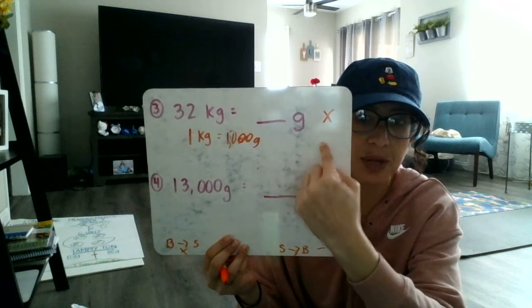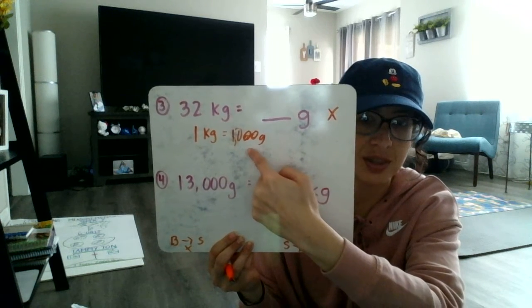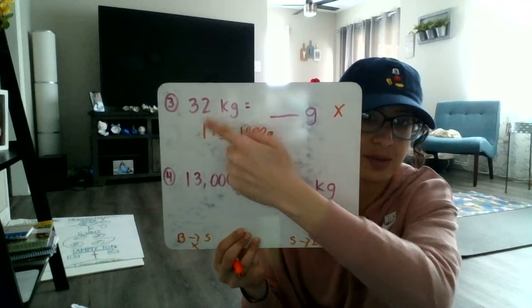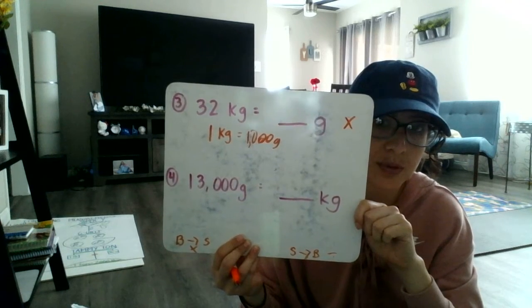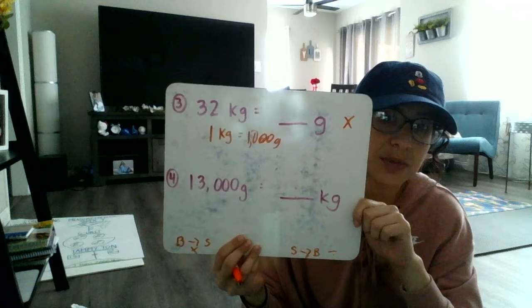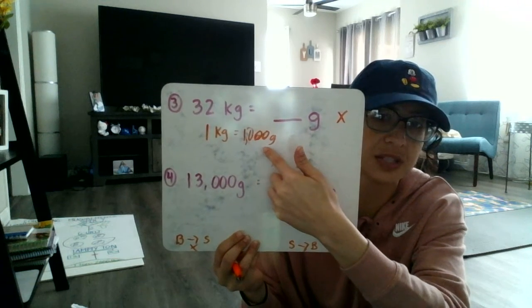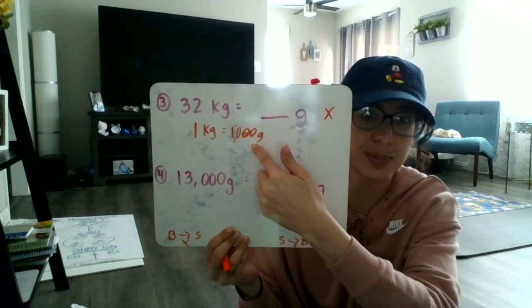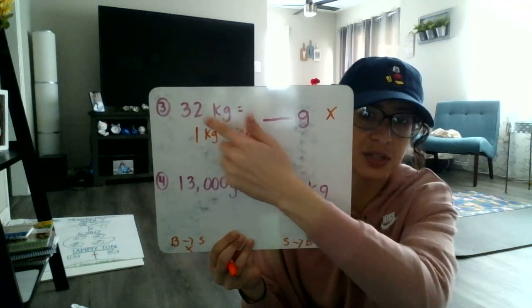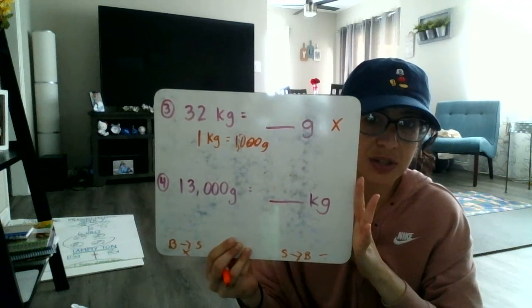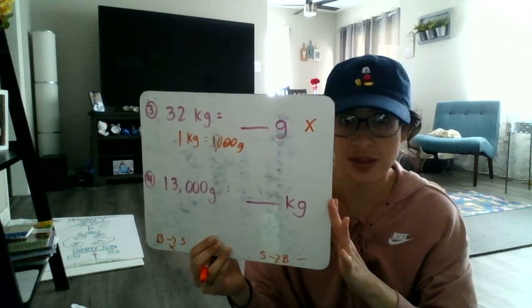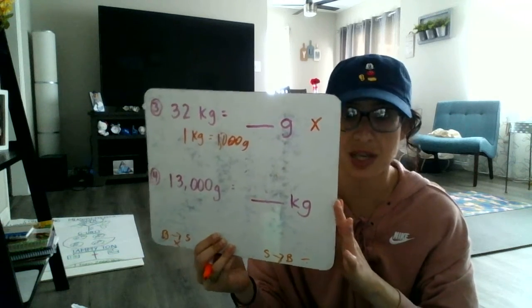So we're going to multiply. What do you think we're going to do with this number and this number? We're going to multiply it. Now some of you might say, Miss Espy, I don't know what to do because I know that 1,000 ends in a 0, so I can use the basic fact, but this is a 2-digit number, so I'm not sure what to do. Well, nothing changes. You still use the same rule.